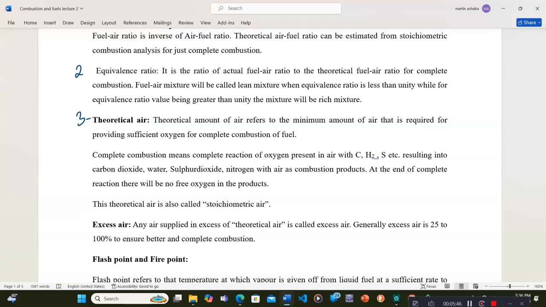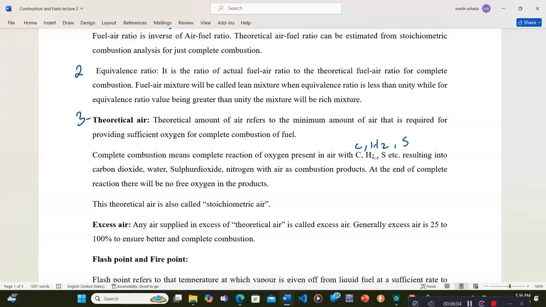For example, if we are talking about a fuel that has carbon, hydrogen, and sulfur, the result is carbon dioxide, water, and sulfur dioxide, with nitrogen among the combustion products.